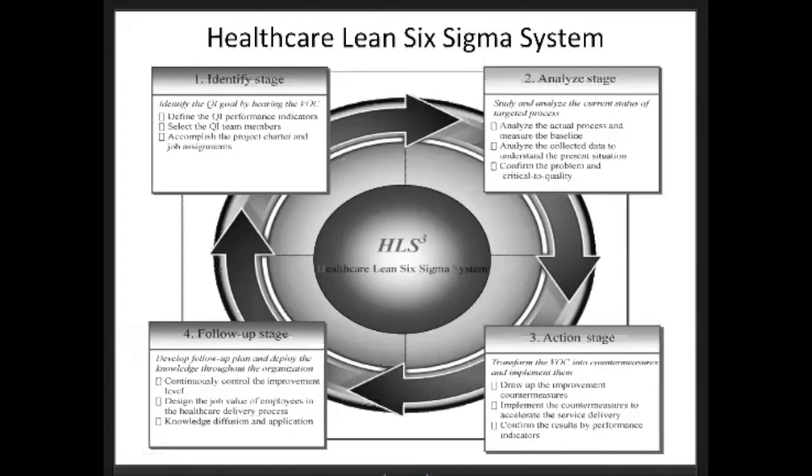How do we deliver whatever the patient or the customer is looking for from the service delivery process point of view? So you're operationalizing it from the producer's perspective. That's what you're doing here. The countermeasures are the voice of producer, and then you implement them. And then finally, the follow-up stage, to see whether it's a sustained improvement or not.